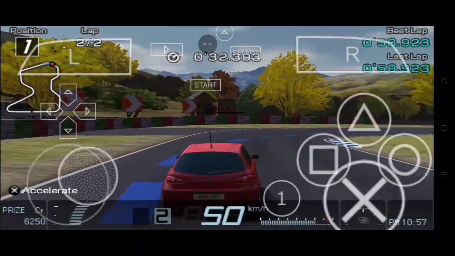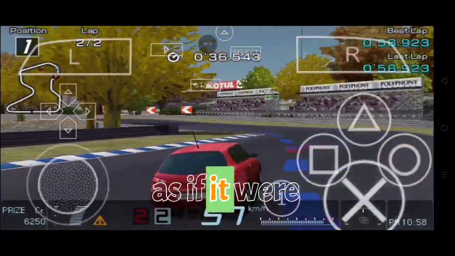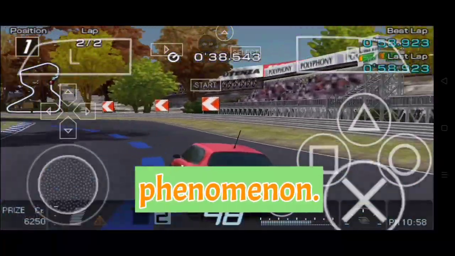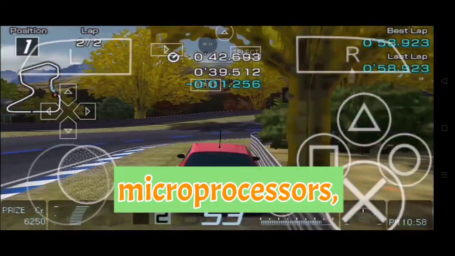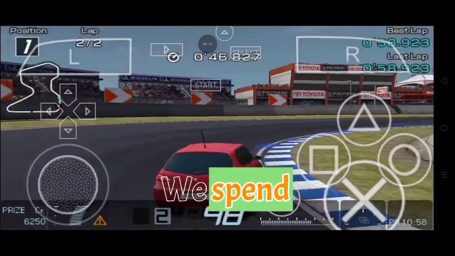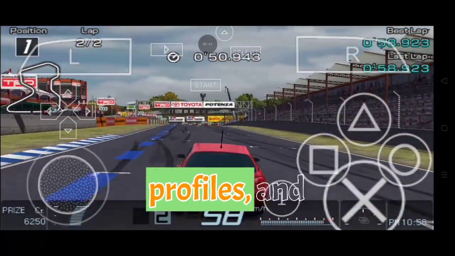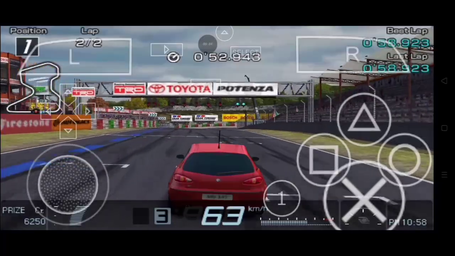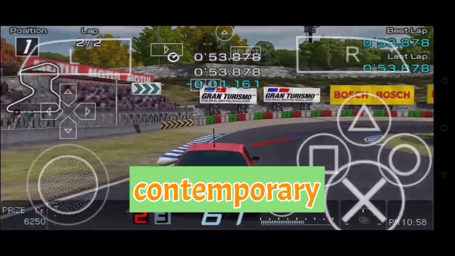We have a natural habit of discussing game design as if it were a purely modern phenomenon, born exclusively out of the invention of microprocessors, cathode ray tubes, and Silicon Valley startup culture. We spend hours analyzing frame rates, stability curves, engine performance profiles, and the vertex shader pipeline, but computer code is merely a contemporary medium.